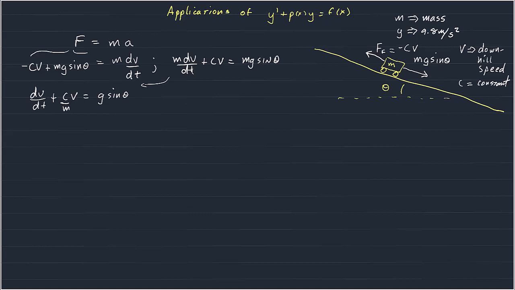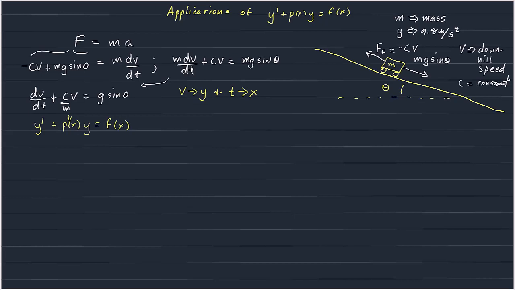And so I hope you might recognize this as, if we substitute v in for y and t in for x, then this is of the form of y prime plus p of x, which in this case is just a constant. c over m is a constant, but that's the coefficient on our dependent variable. And then we have a forcing function, which in general depends on x or t, but in this case it's just a constant.